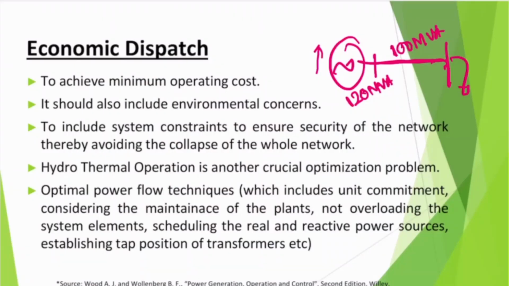Now there is one more interesting concept known as unit commitment, though we will discuss it in detail in due course of time. In unit commitment, if you have n number of generators, one option is to switch on all the generators and extract the optimal operating point so that it is economical. The other option: when you have n generating units, it is not necessary to make all the generators operational at all times.